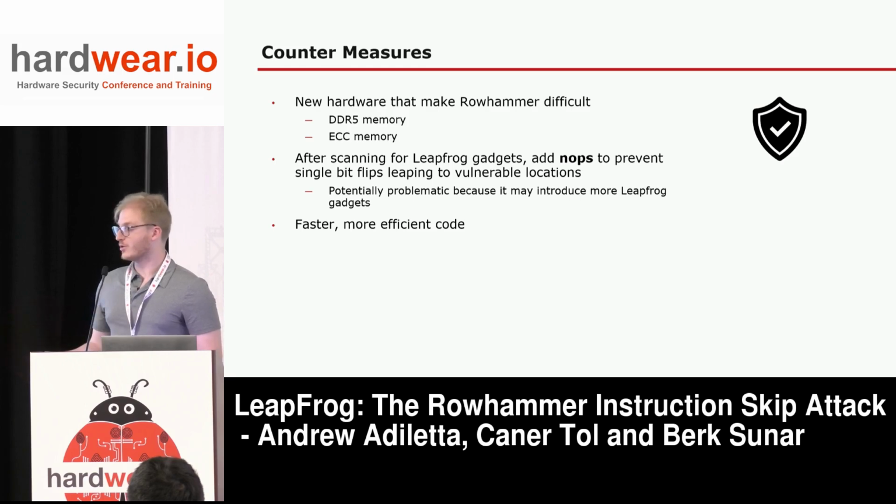So you're totally right that compiler people need to be aware of these types of vulnerabilities. I'm not sure how you can use a compiler to prevent LeapFrog specifically, because I think you'd run into that same no-op problem, where you add something that shifts addresses around, and it's just going to open up more vulnerabilities where you jump to a new place and potentially cause a problem. But that is a good point. Compiler people definitely need to be aware.